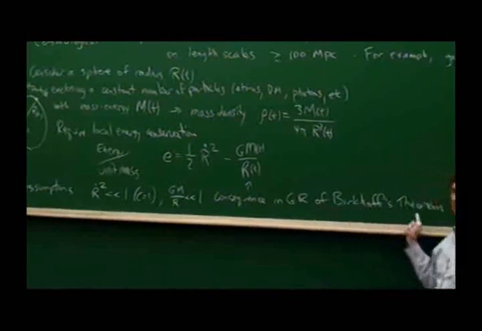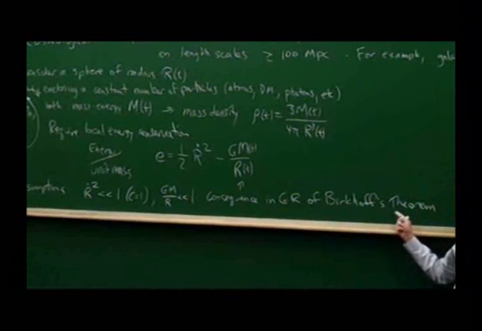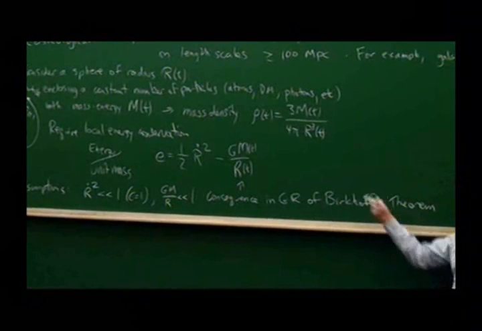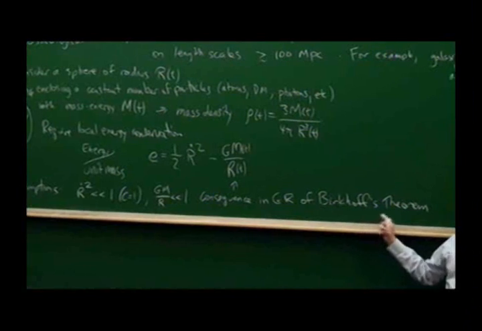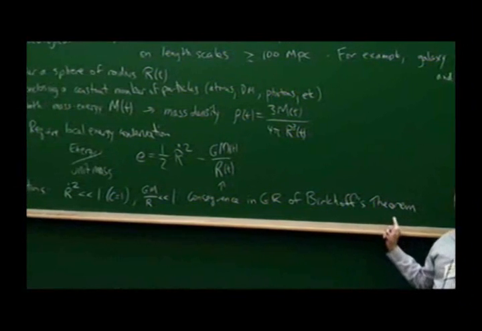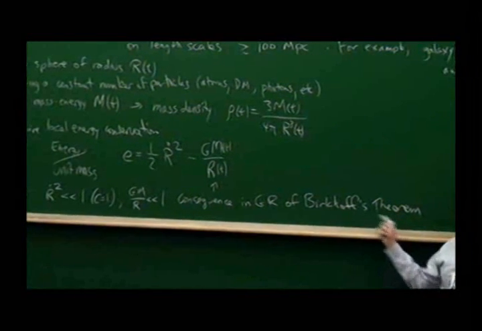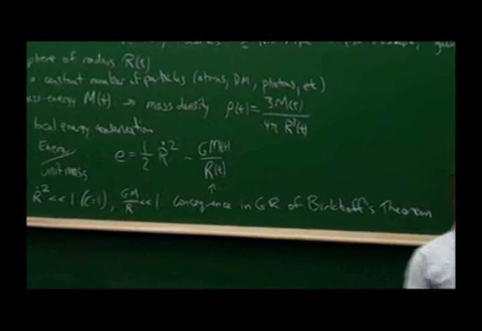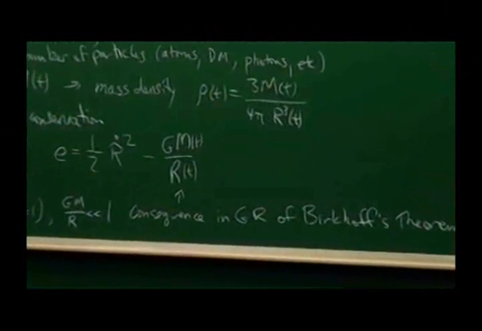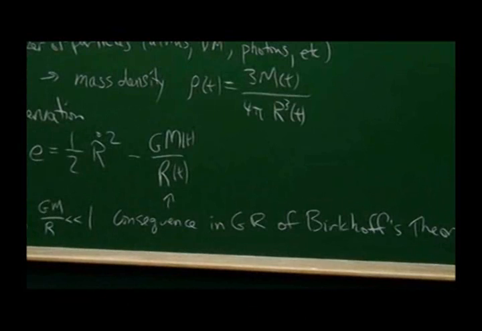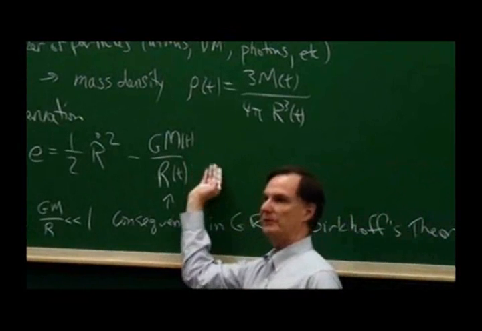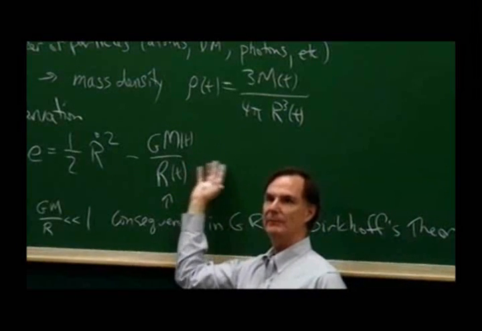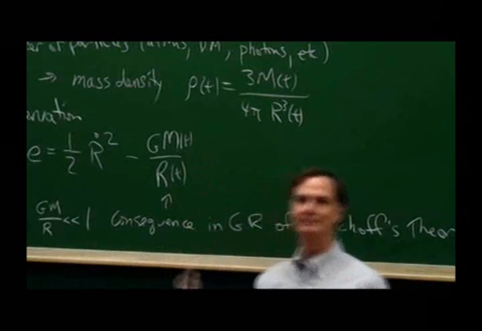Now, I mentioned that this is a consequence of general relativity because this energy equation will not hold if general relativity is violated. So, for example, if you have fifth forces or if you have additional field interactions, this expression for energy would obviously be modified. This is a minimal theory.